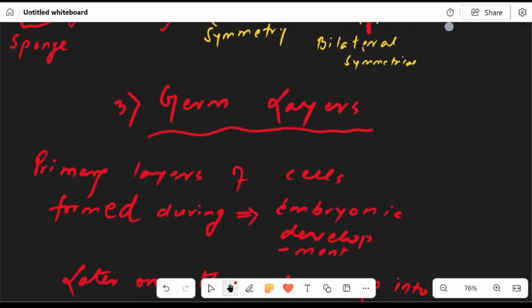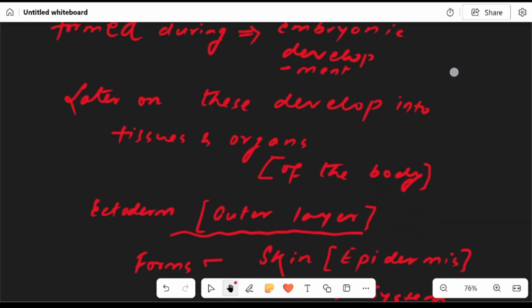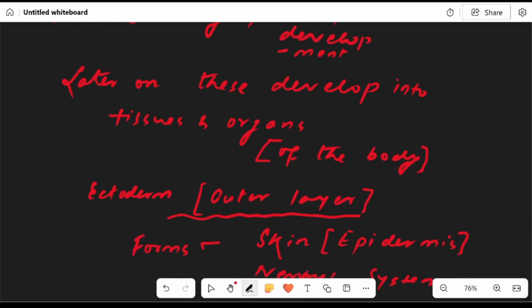Now we have the germ layers. What are germ layers? These are the primary layers of cells formed during embryonic development. Later on, these develop into tissues and organs.